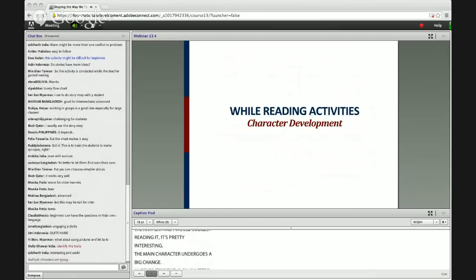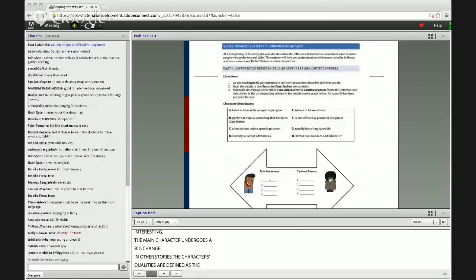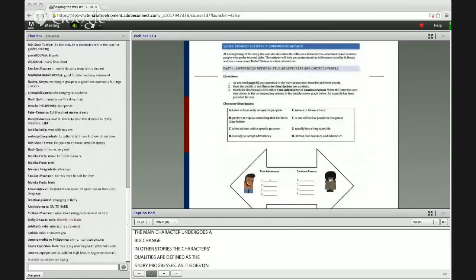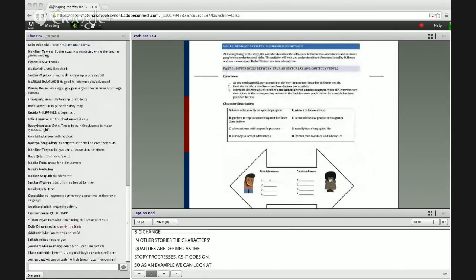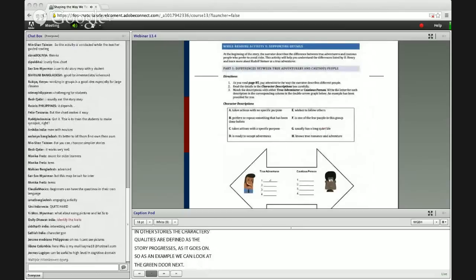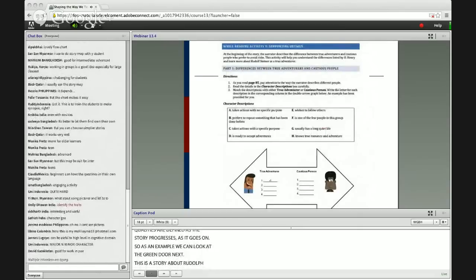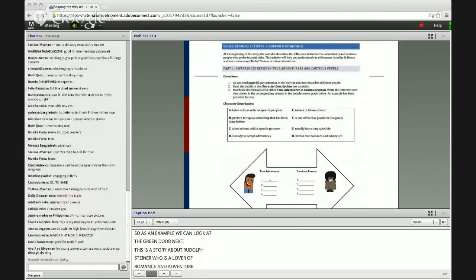So as an example, we can look at The Green Door next. And remember, this is a story about Rudolph Steiner. Rudolph Steiner is a lover of romance and adventure. At the beginning of the story, the narrator describes the difference between true adventurers and cautious people who prefer to avoid risks.